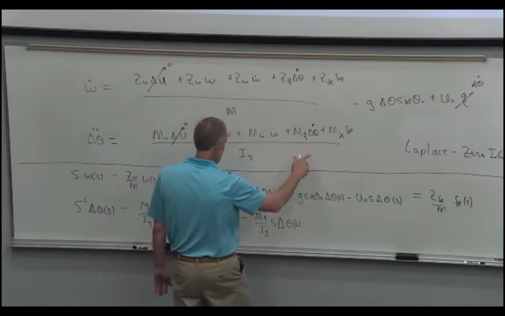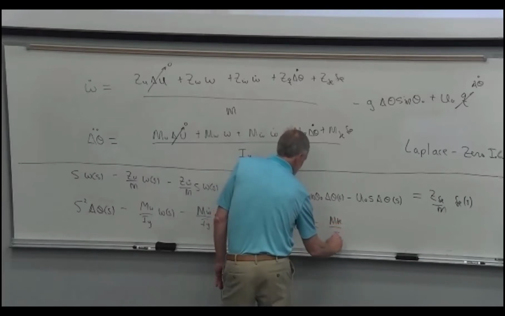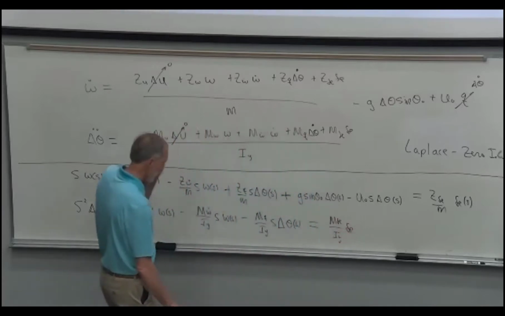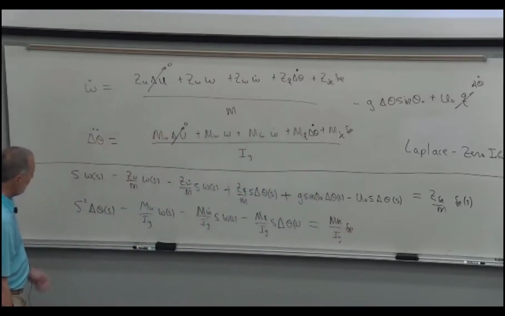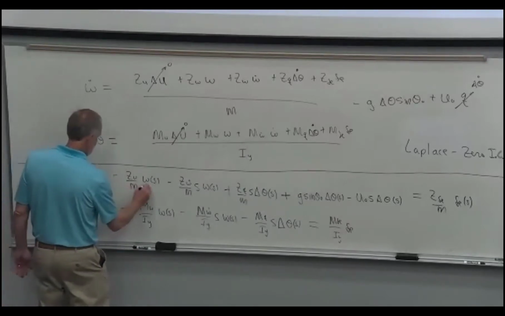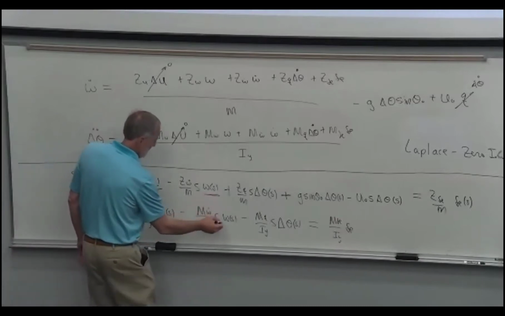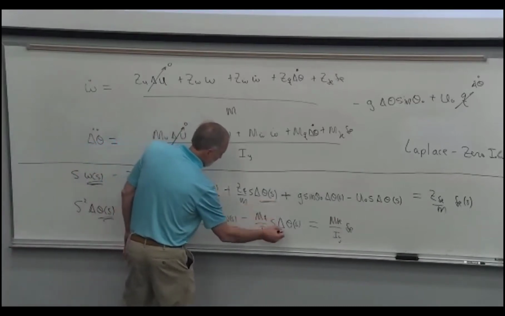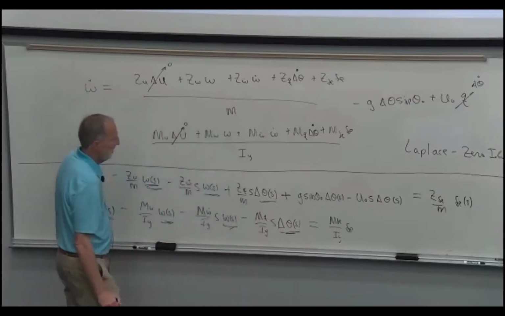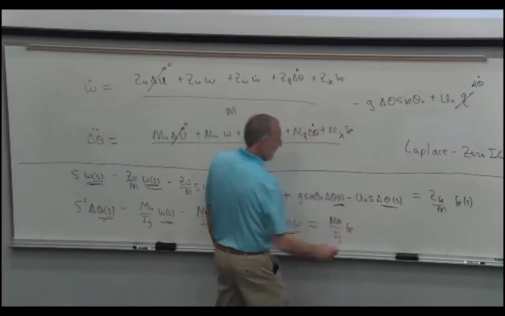Got a derivative there that I remembered to put in now. And then that's going to be equal to M delta E over IY delta E. And I rearranged it so that now it's easy to put into a matrix. Here's our unknowns. So we just need to make sure that we put the right unknowns in the right spots in the matrix.